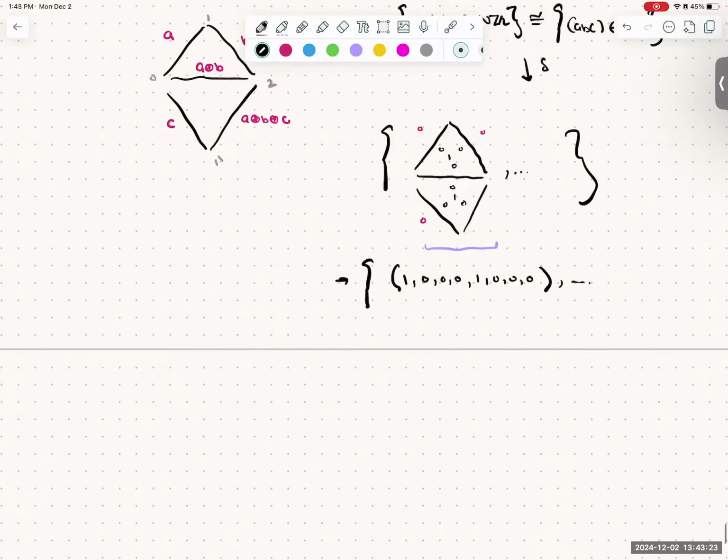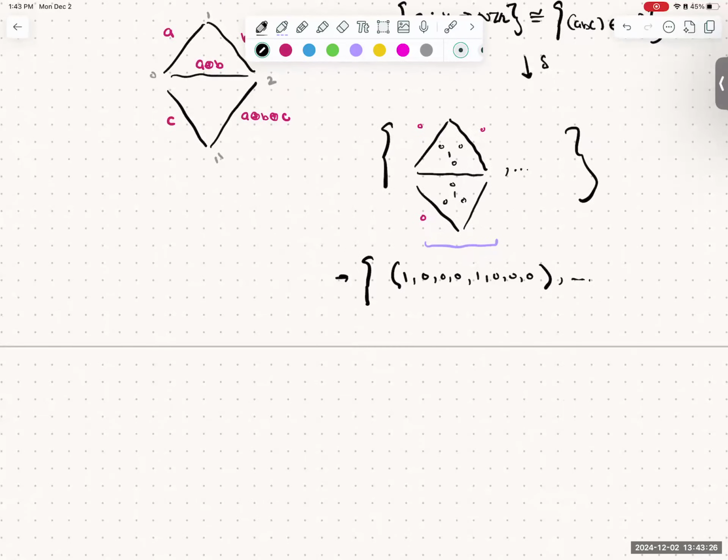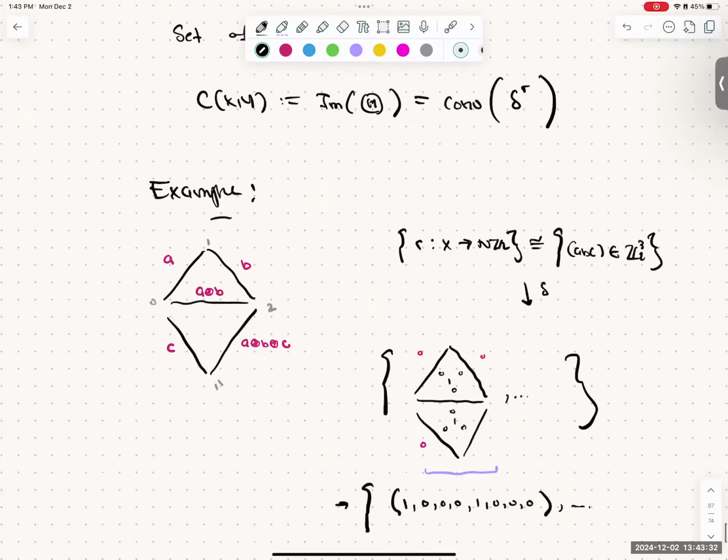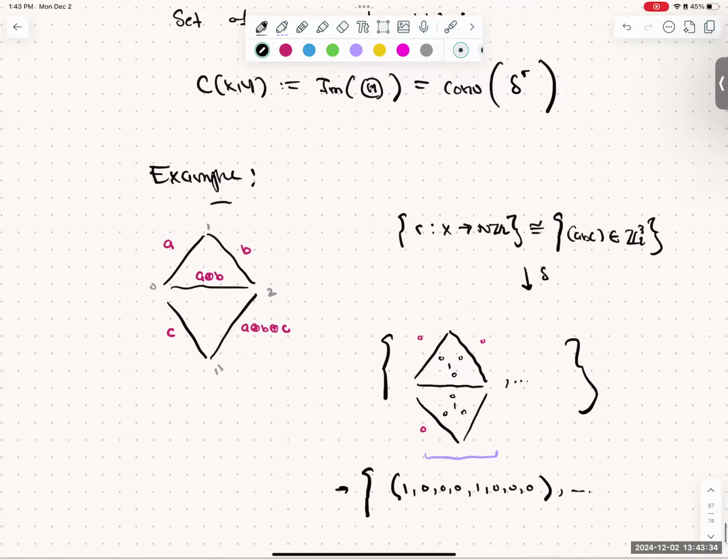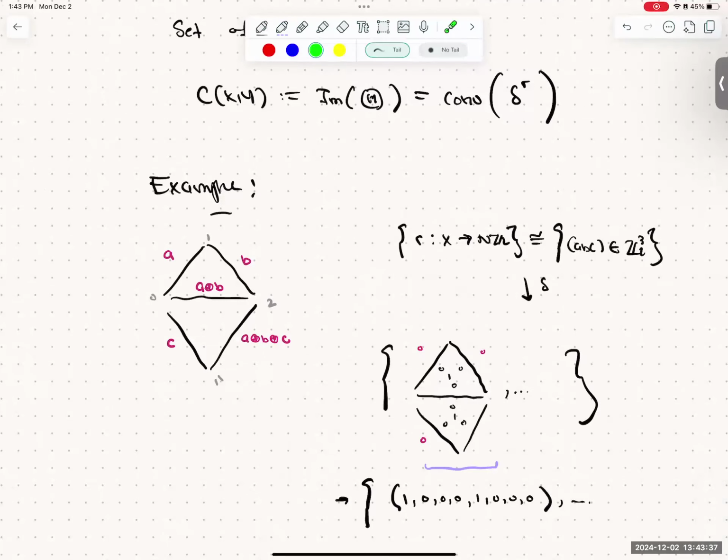So then I can really think of these as points in R^n, and I can think of this definition of C(X,Y) as being like the convex hull of some delta r's. Now, maybe I should put quotations here, but something like that.